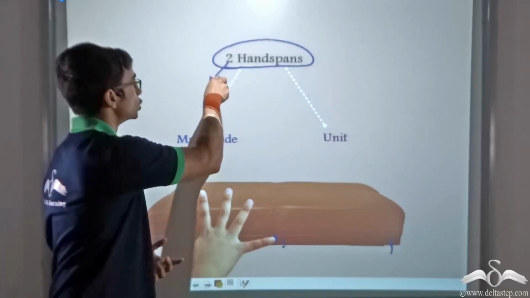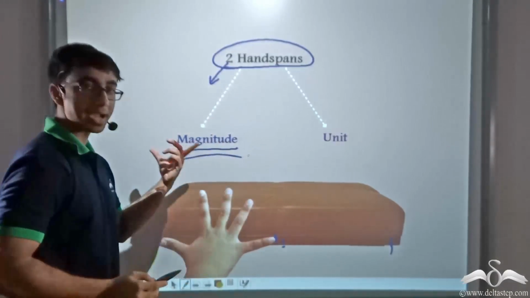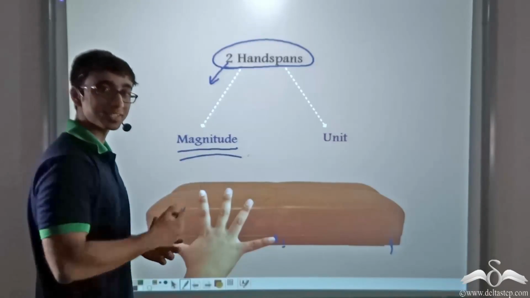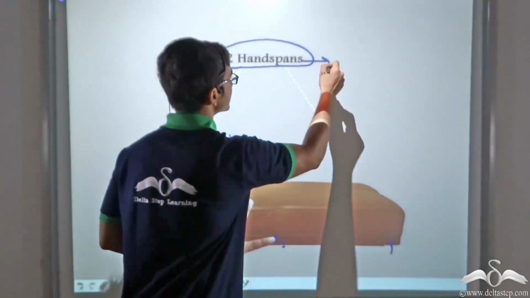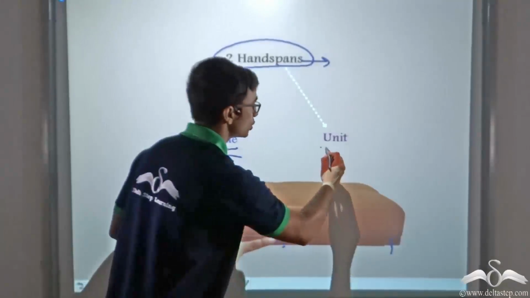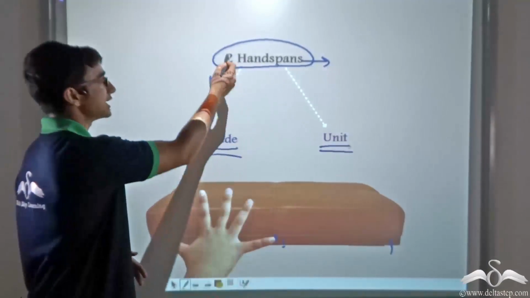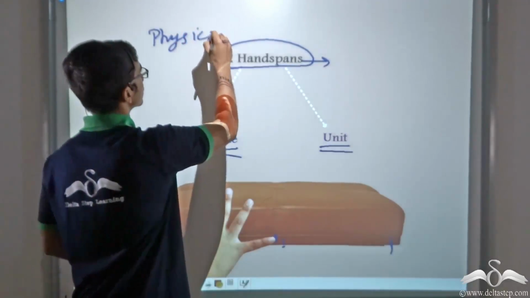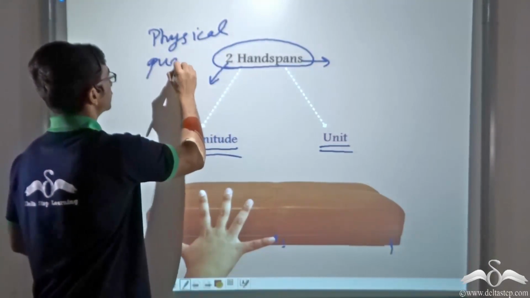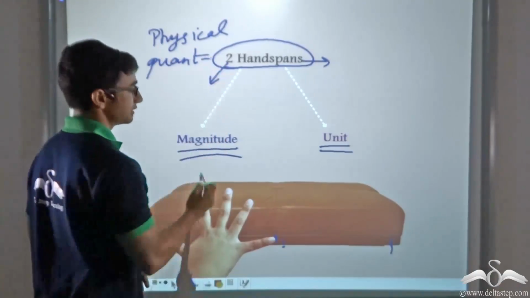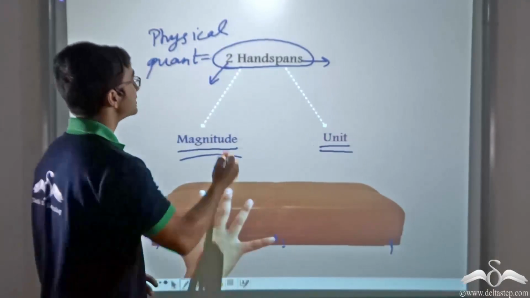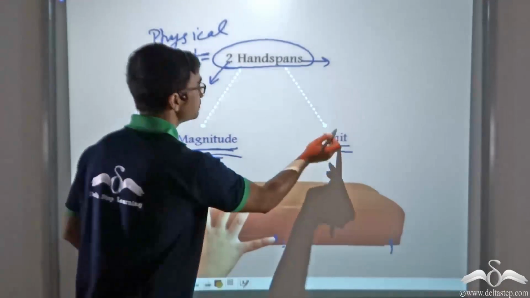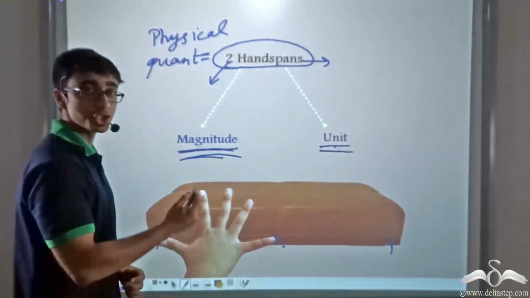It is 2. So that represents the magnitude or the numerical value. And what is the standard comparison that has been used? It is handspans, which is also known as the unit. So as you can clearly see, the physical quantity, that is the length of this object, is given as 2, which is the magnitude, times handspans, that is the unit.